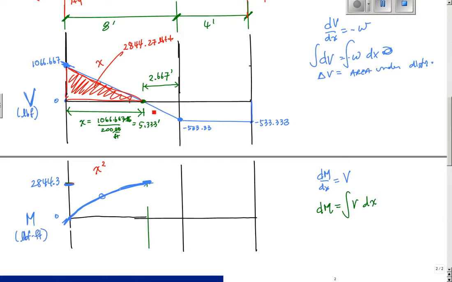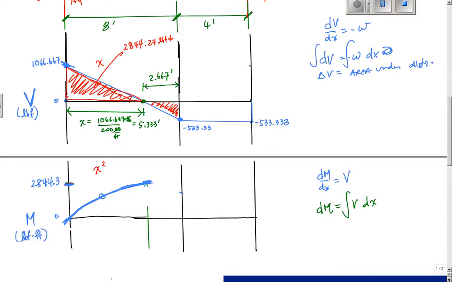Then I'm going to decrease this. Here I have a zero slope and I'm going to a negative slope. So at this point I should have a negative slope somewhere. The change in moment from here to here is going to be this negative area, 1/2 base times height of this triangle, which comes out to 711.1 pound-feet.